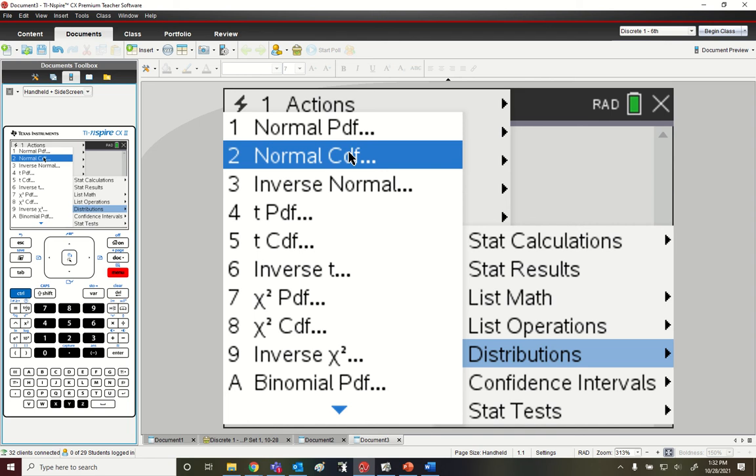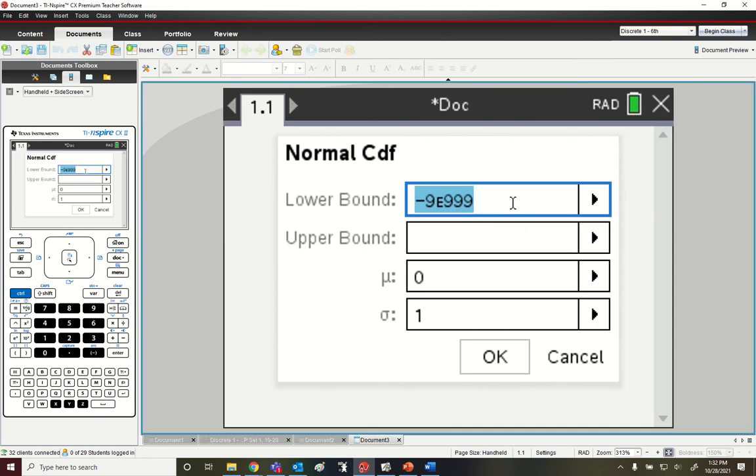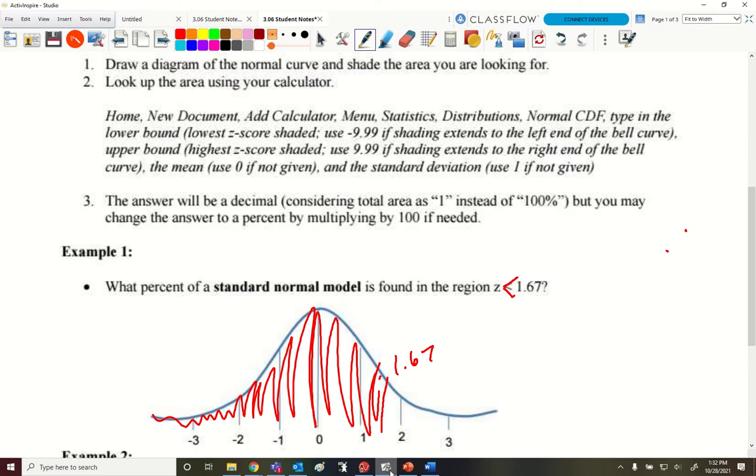So now, at that point, we're going to use our information. Lower bound. On my graph that I have, which is right here, how far to the left is it going to go? Okay, it's past that though, right? But since it's all the way to the left, I want everything all the way to the left.